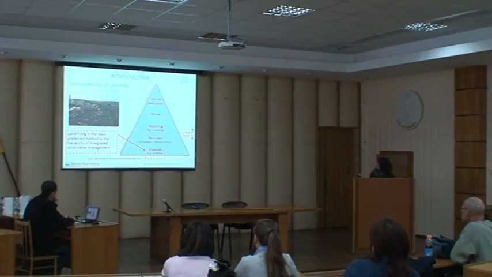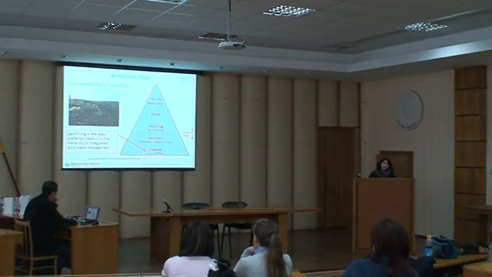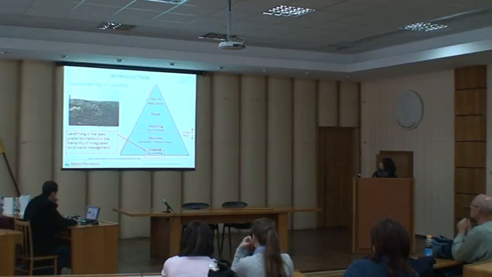If we look here, we can see that landfill is the last strategy to be adopted for any country. So if the waste cannot be reused or recycled or recovered, then we go for landfilling.